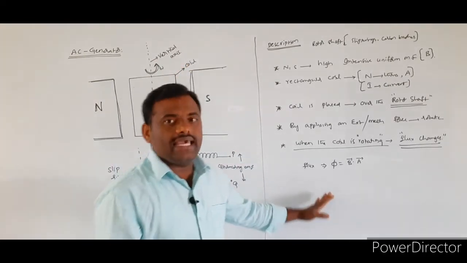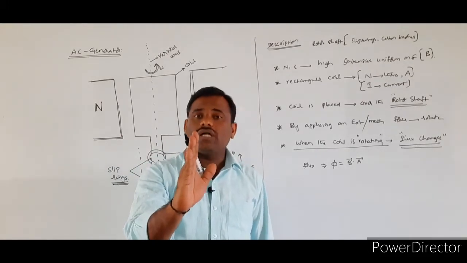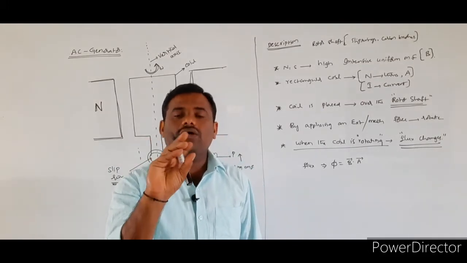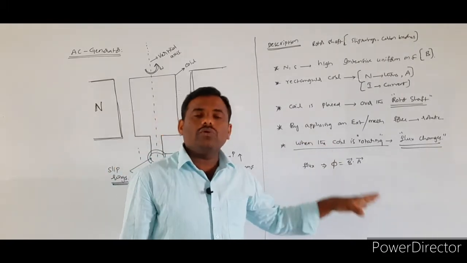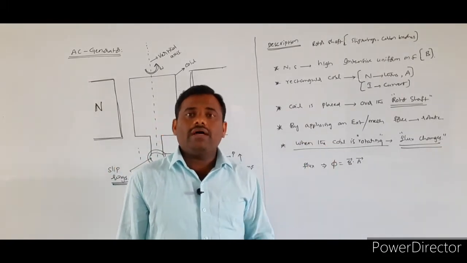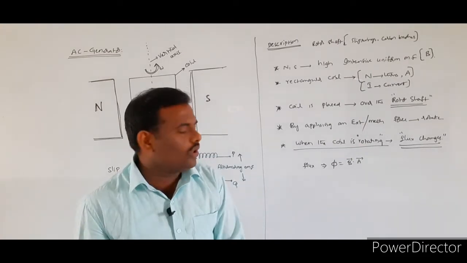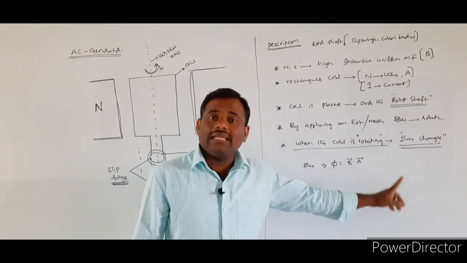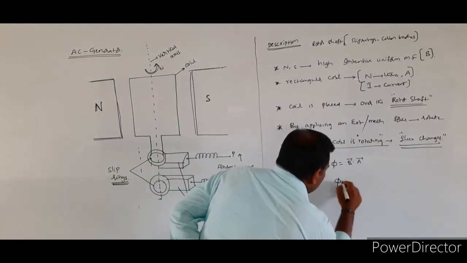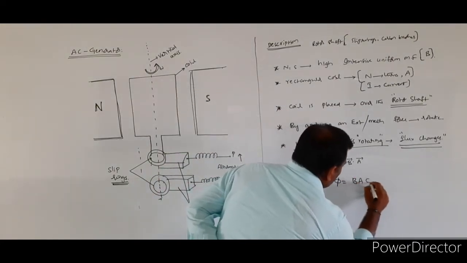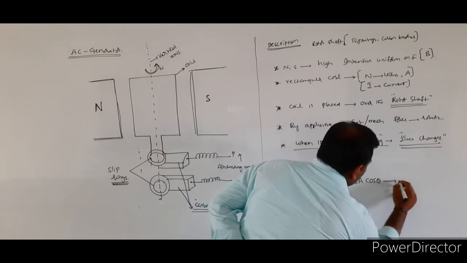But in this case the plane of the coil is not fixed, it is rotating, so we have to consider the angle between B bar and A bar also. So the flux phi is given by B A cos theta.